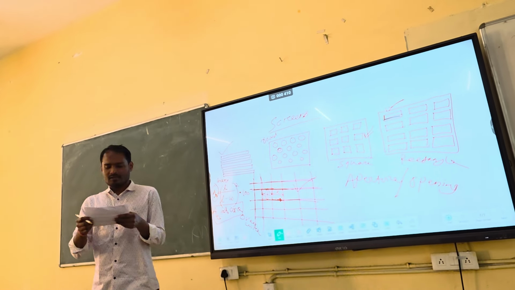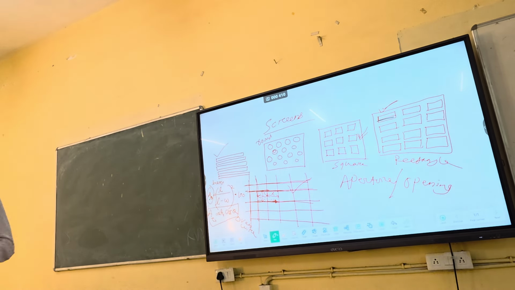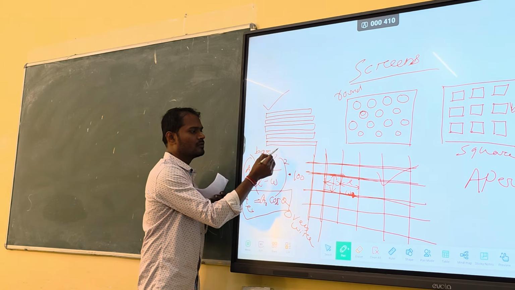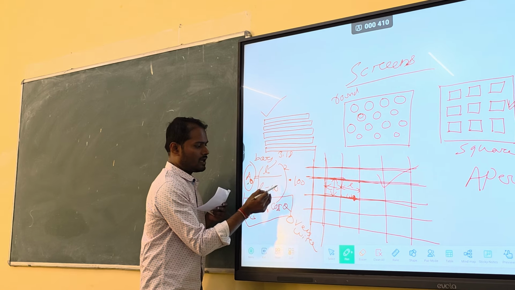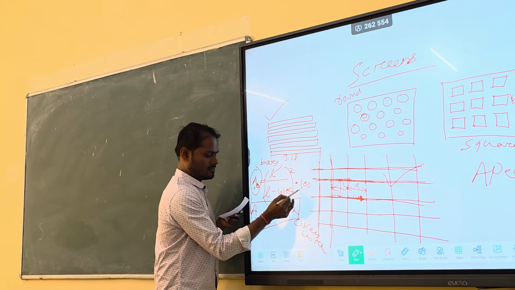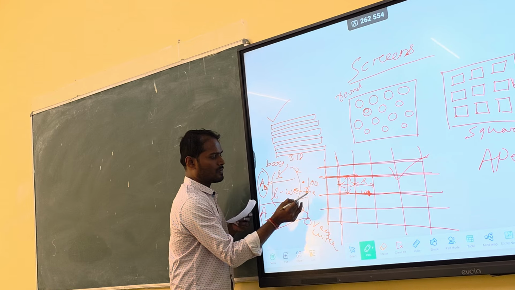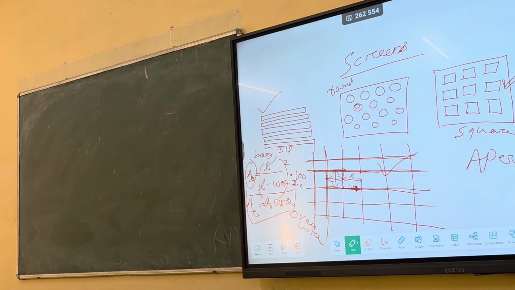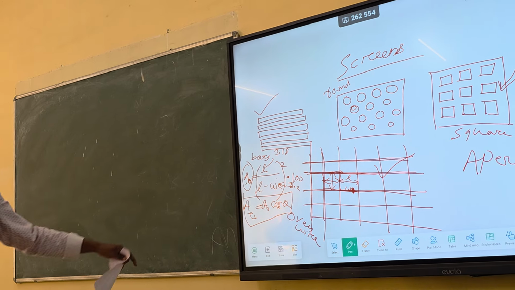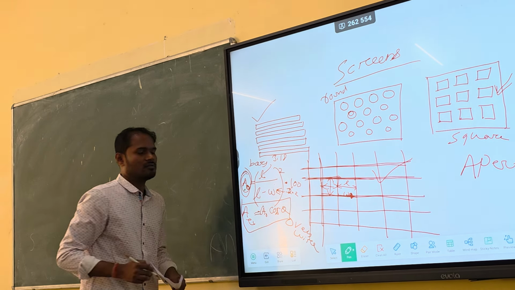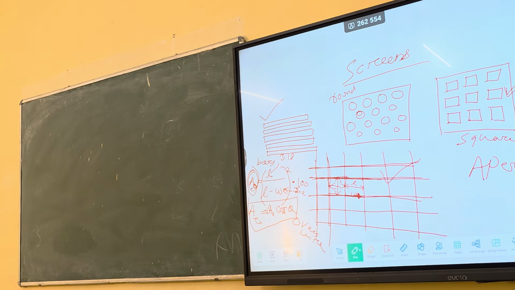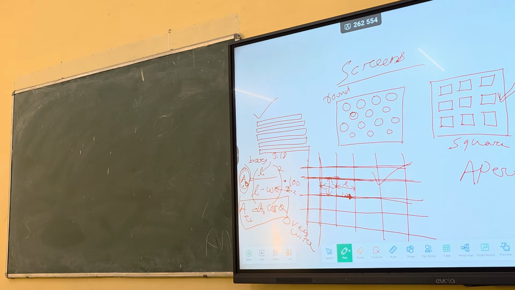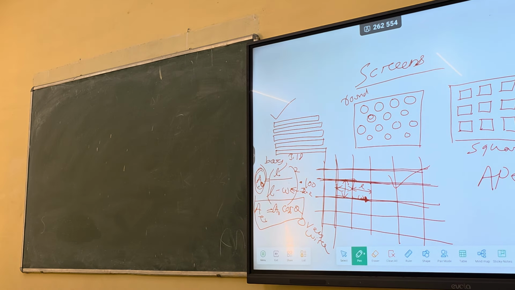Suppose, for example, you write this L as 3.18 and this W as 1.2. Solve it: how much will A naught be, the percentage opening? L is 3.18 and W is 1.2.